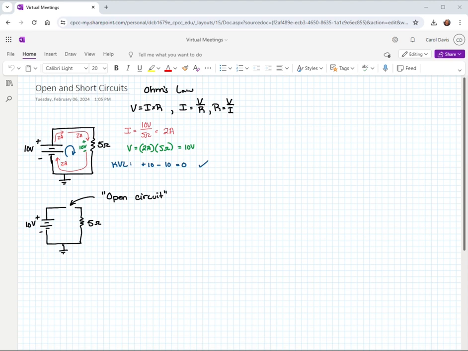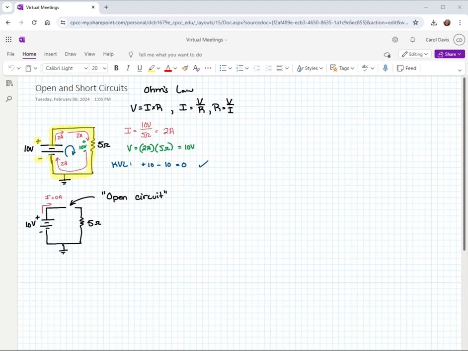For current, we really need to have this uninterrupted pathway that I'm showing you up here in the first circuit. We need that uninterrupted pathway from the positive terminal of our source back to the negative, or we won't have any current flowing. It just won't happen. So if we don't have that path, we're not going to have any current. So what happens here is we have absolutely no current flowing from the positive terminal of the source back to the negative, zero current at all. This 10-volt source might as well just be a battery sitting in your drawer.